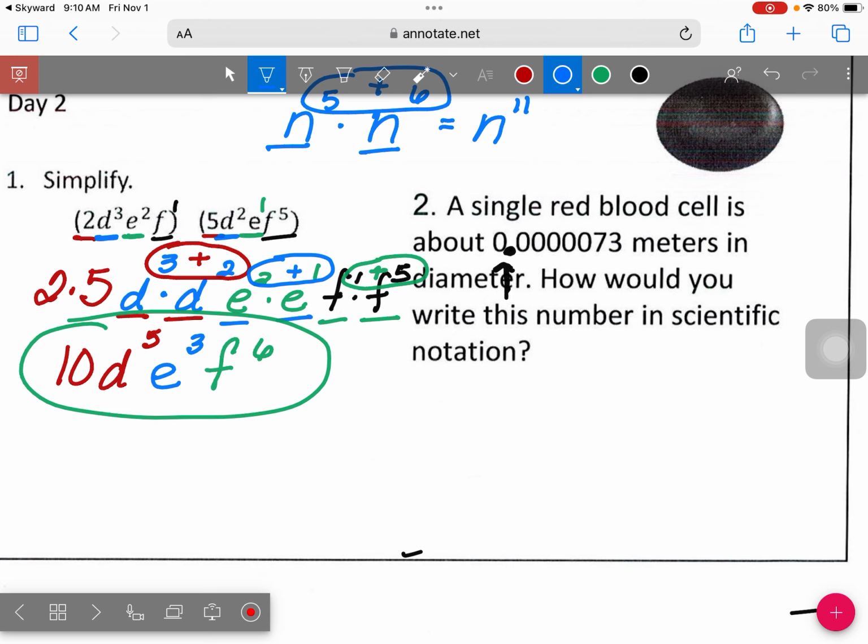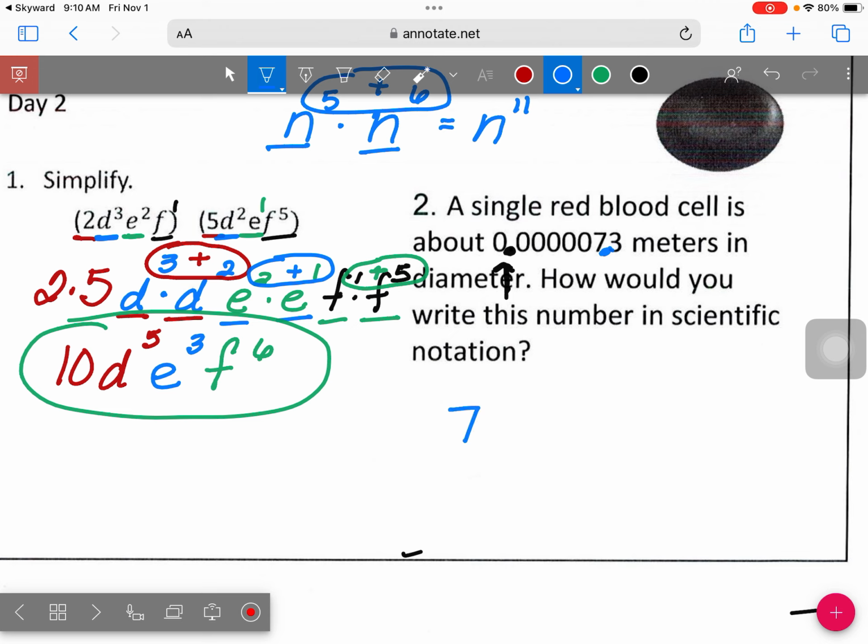What do you mean? You need to speak up. So is that 0.73 or 7.3? No. Yes, it needs to go in between your first 2 non-zero numbers.